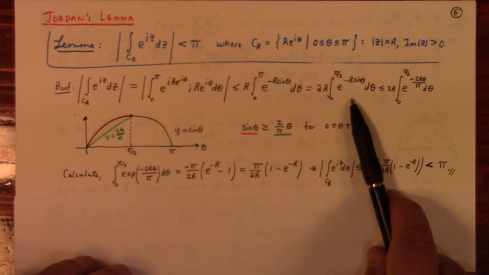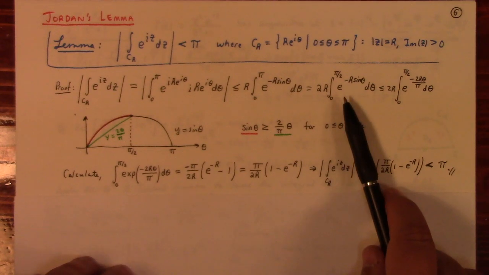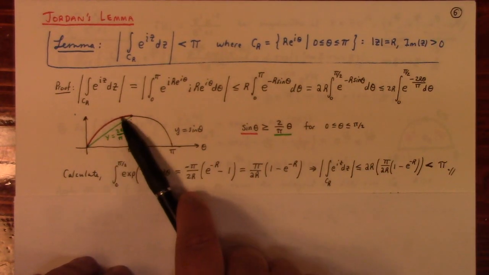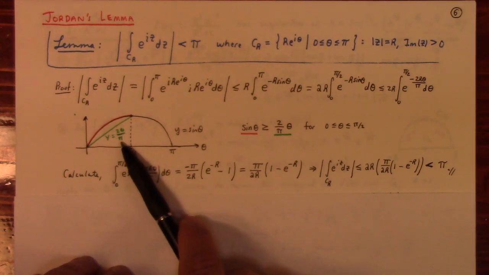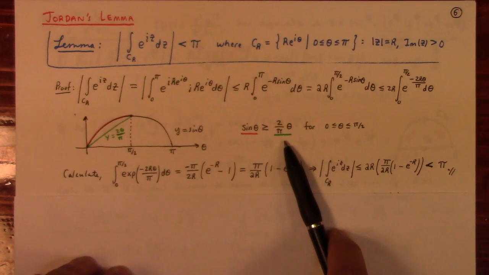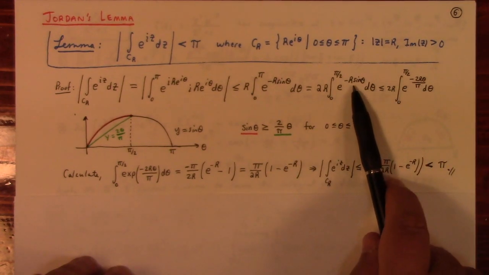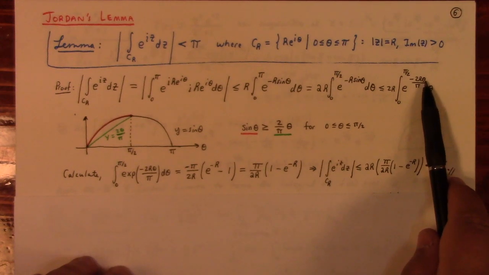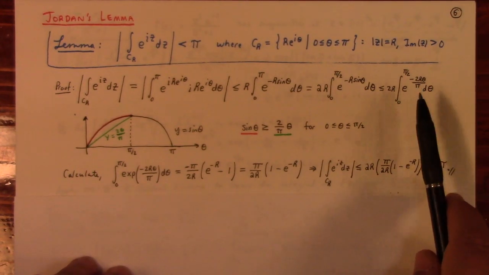And then there's a sneaky estimate you can make. Because sine theta is bigger than 2 theta over pi, if you're going from 0 to pi over 2, I can replace the r sine theta with the much easier to integrate 2r theta over pi.